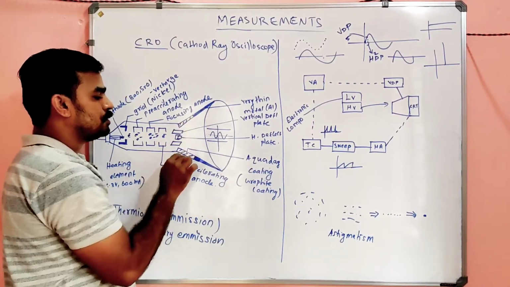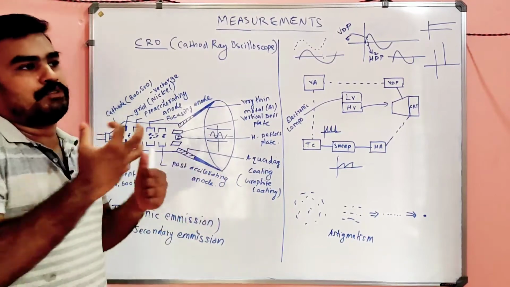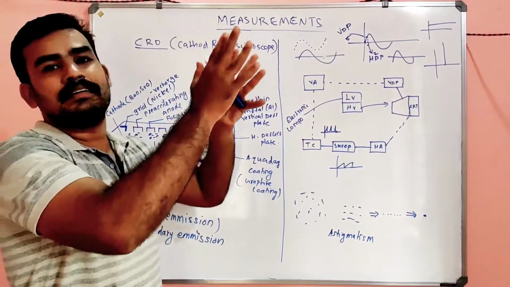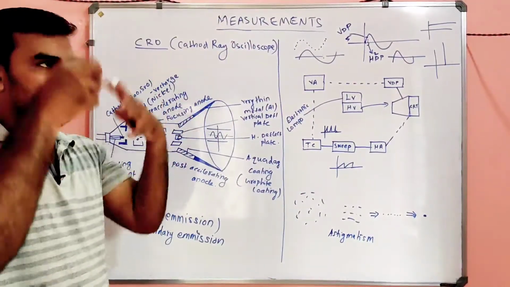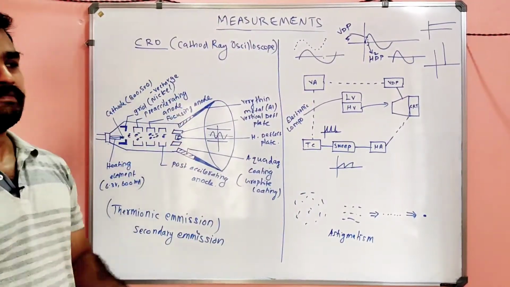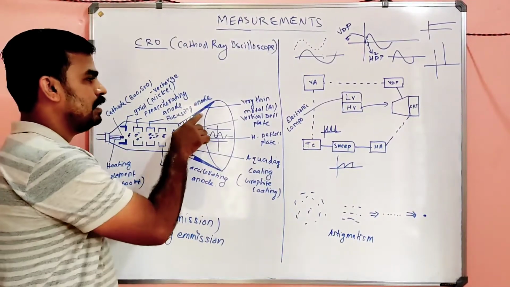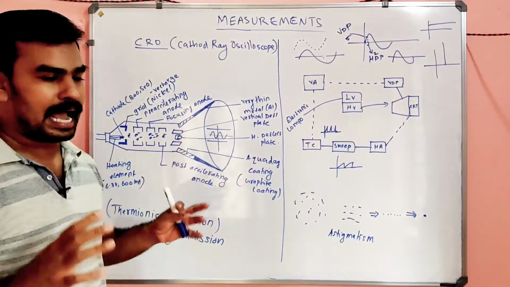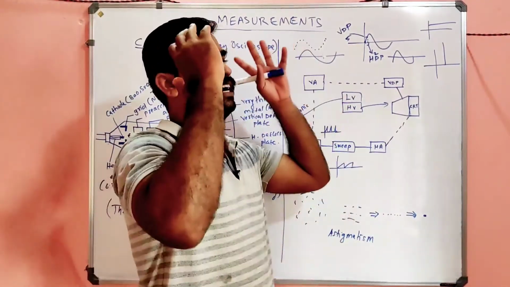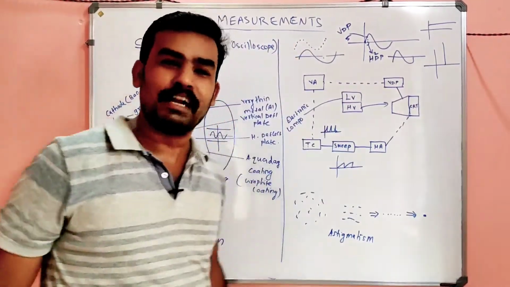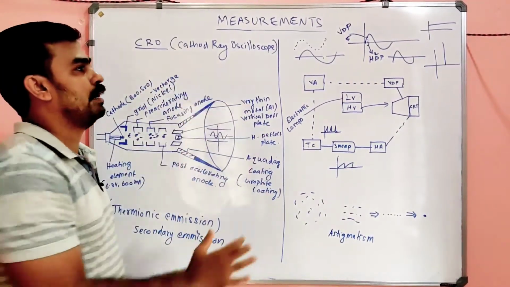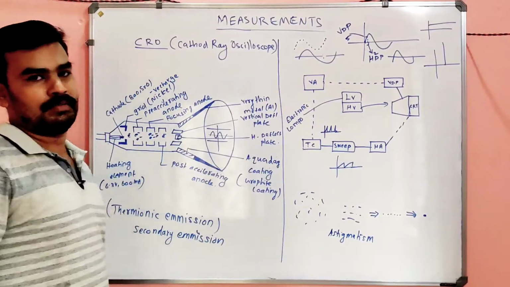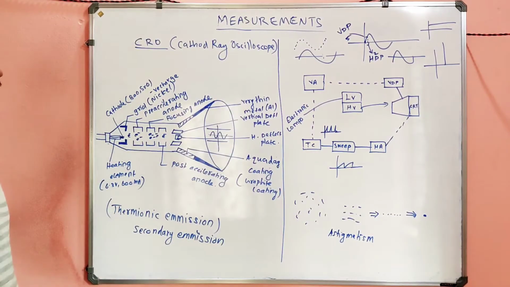The deviating electrons will be absorbed by that aquadag coating, and the rest of the electrons, which are very powerful in nature, will combine with these electrons and forcefully hit the surface of the screen, and finally a bright or intense sine wave will be shown on the screen. Okay, so that is the function.